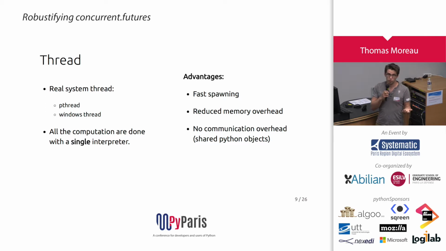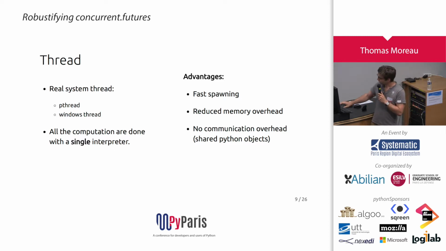Then also, as you're reusing the same interpreter, you're not creating more interpreters, so you don't have a larger memory overhead as you would need to reinstantiate some of your variables. And you also have no communication overhead because as all the computation is done in a single interpreter, when you are modifying one object with one thread, the other thread that uses the same interpreter will see the same modification.